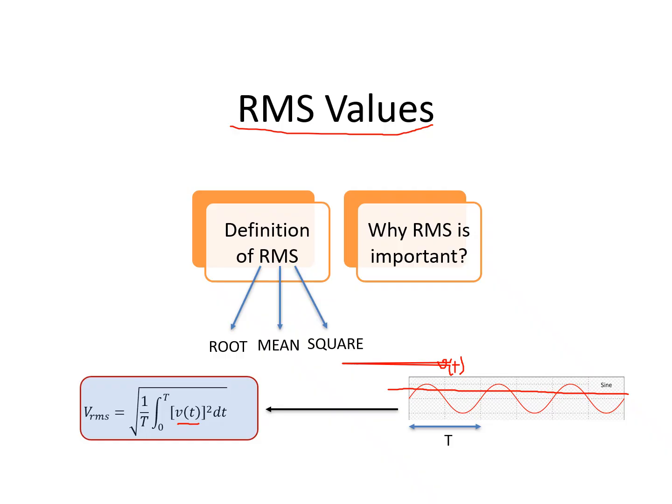So the readings on the screen of those devices display the RMS value of voltage, current, or power. It's all derived from this RMS value. And as I mentioned, the RMS value is also known as the effective value of an AC signal. Okay, let's continue.